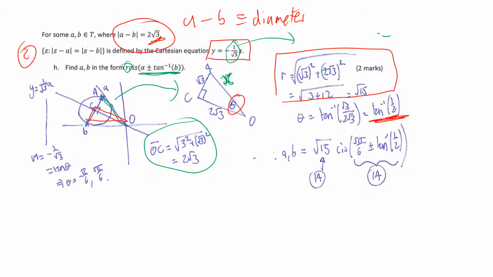So in other words, we can describe the angle of rotation from the positive real axis to OA as the angle of rotation to OC plus inverse tan 1/2, taking us to point A, and 5π/6 minus inverse tan 1/2, taking us to point B. Okay, so there's our A's and B's described in the form set out.